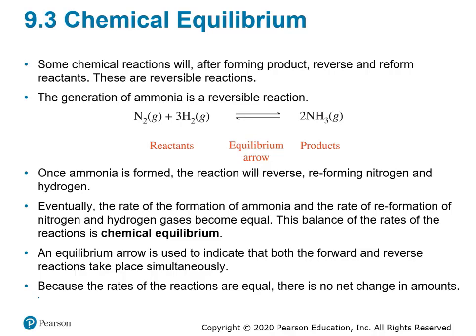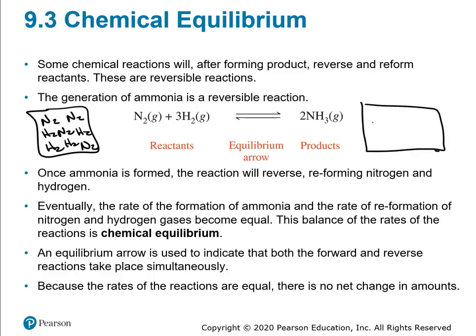It doesn't react 100%, so if I start off in my container here, and I have N2, N2, N2, N2, and then H2, H2, H2, so like say I have 4 of each, in this reaction, eventually I will end up with some NH3, but I still have a lot of N2.